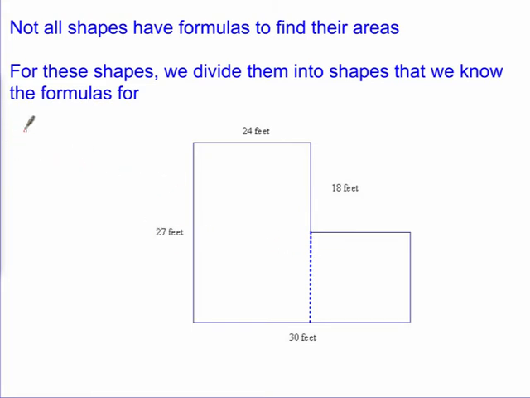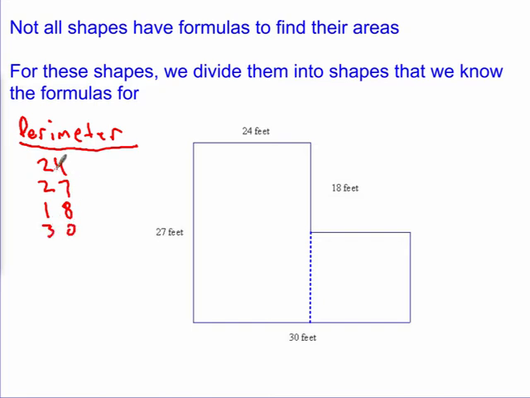So first, let's do the perimeter. In order to find the perimeter of this whole shape, I have to add up all of the sides. So I've got 24 feet up here, 27 feet on this side, 18 feet right here, and 30 feet right here.